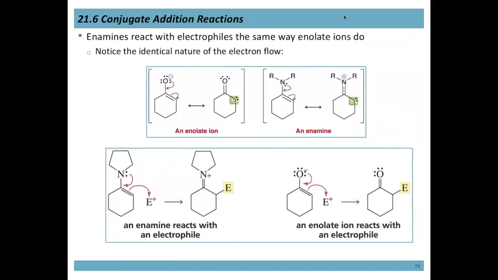And so just like an enolate can drop down and attack an electrophile, which is what we've been doing this entire chapter, enamines can also drop down and attack electrophiles. And this is a solution to the problem of doing Michael additions where we only have one carbonyl.